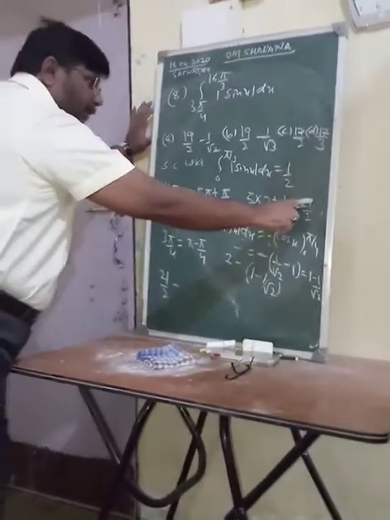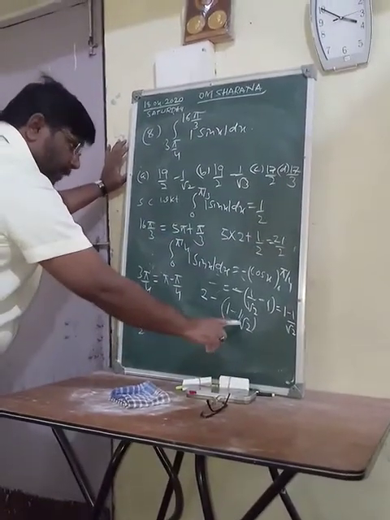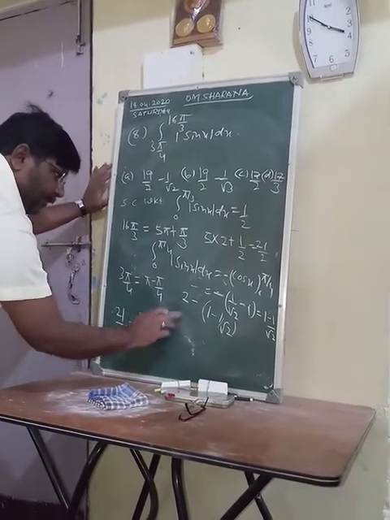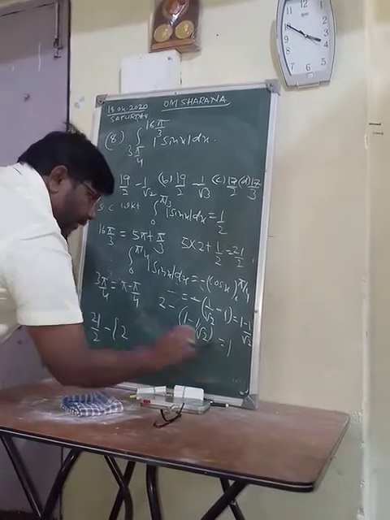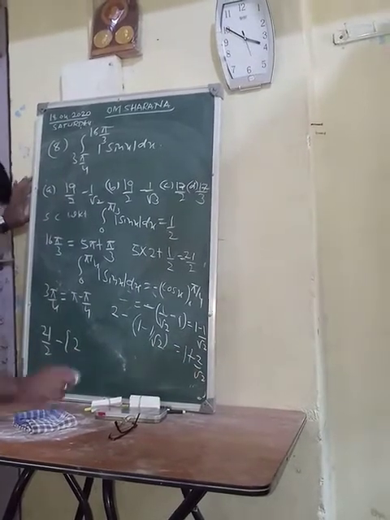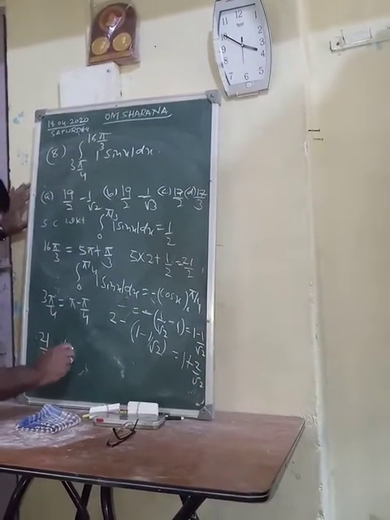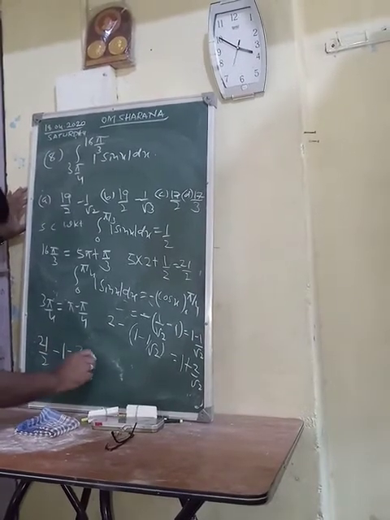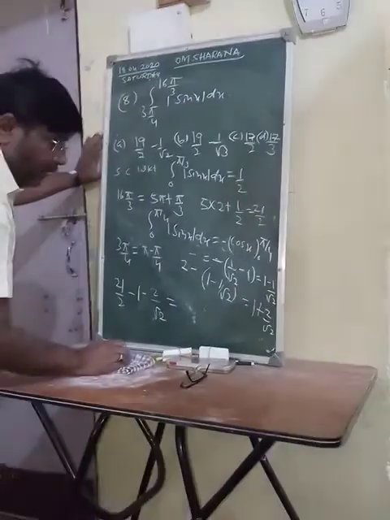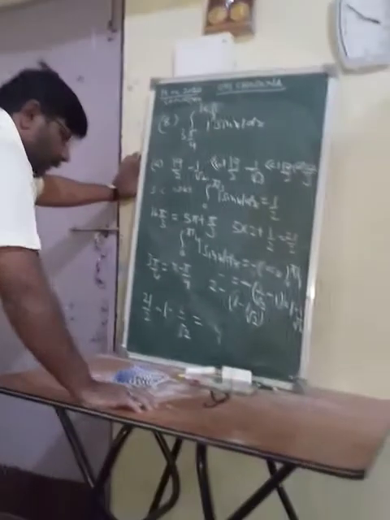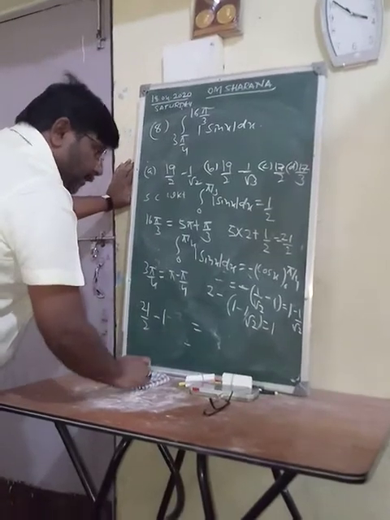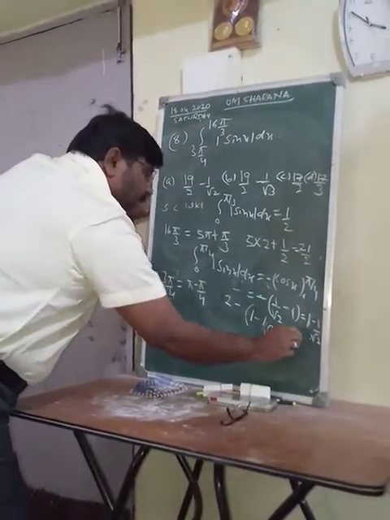For the upper limit we got 21 by 2, minus, for the lower limit, 2 minus, 1 minus 1 by root 2. 2 minus 1 is 1, then minus of minus plus 1 by root 2.